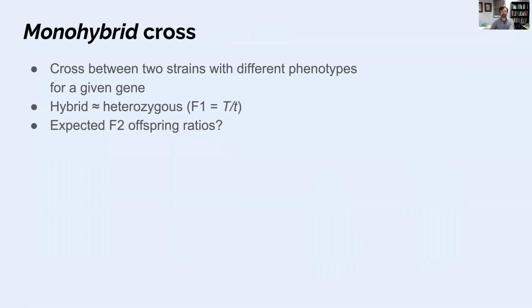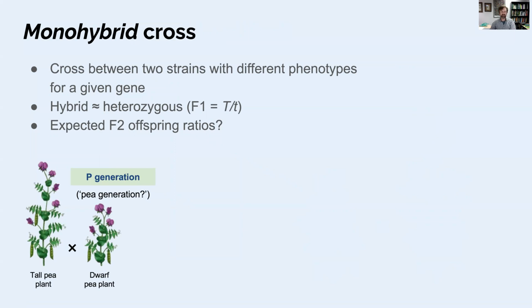So if you're doing a monohybrid cross, that involves crossing individuals from different genetic backgrounds and basically doing this genetic cross to try and figure out how the trait is related to the genes that are involved. So we sort of know a lot about these because of how they've been worked out, but you could do this with an unknown new phenotype and try to figure out the genes responsible. So this is a nice early process you can do to figure out the genetic control of a phenotype.